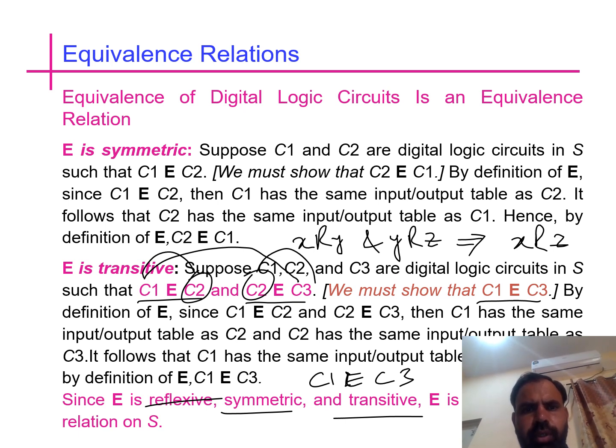By definition of E, since C1 E C2 and C2 E C3, C1 has the same input/output table as C2, and C2 has the same input/output table as C3. It follows that C1 has the same input/output table as C3. So by definition of E, C1 E C3. Since E is reflexive, symmetric, and transitive, E is an equivalence relation on S.